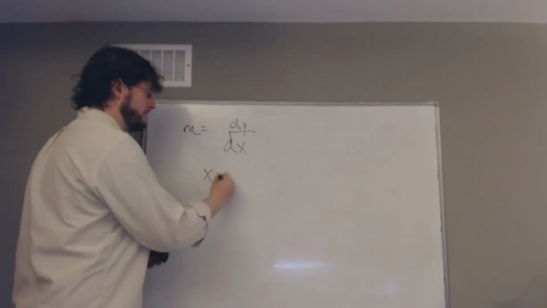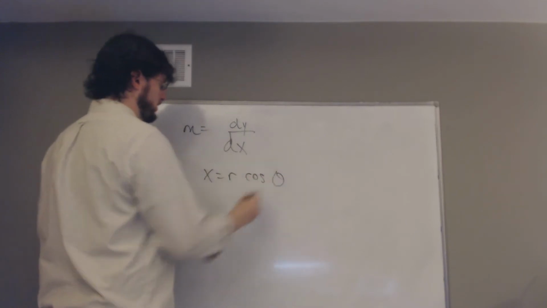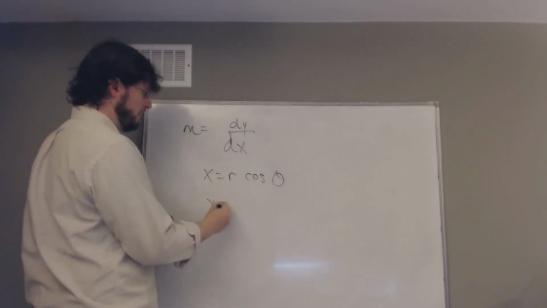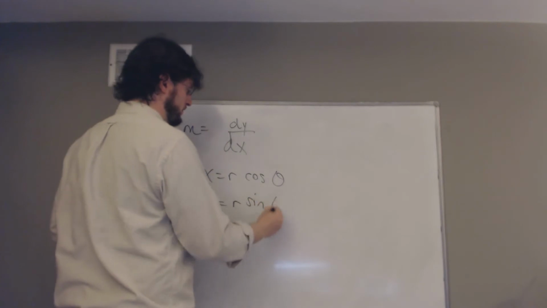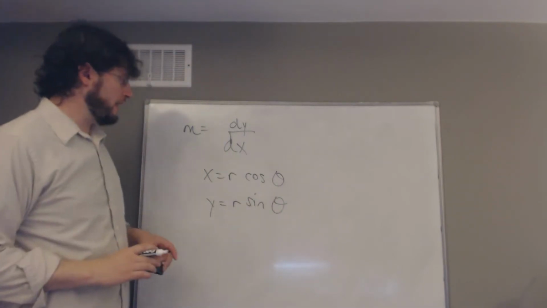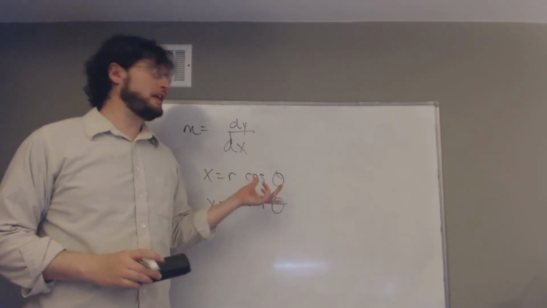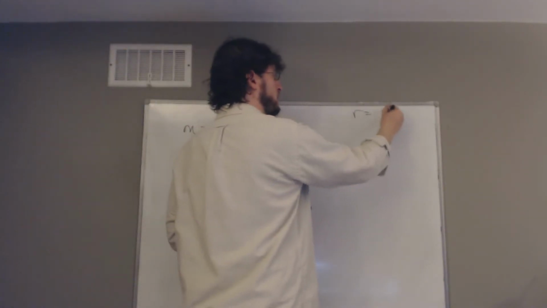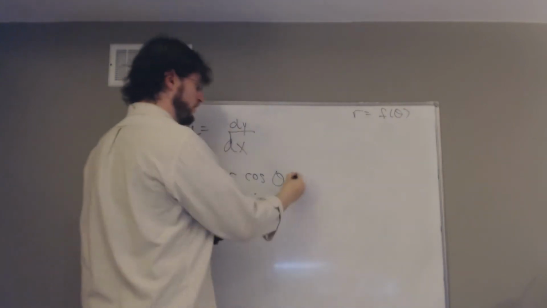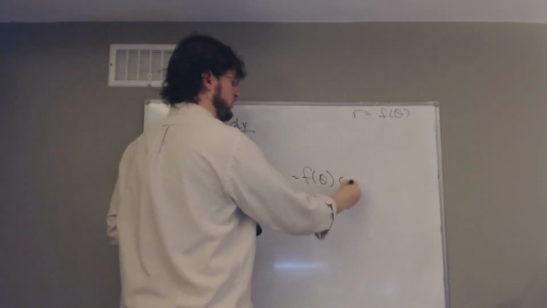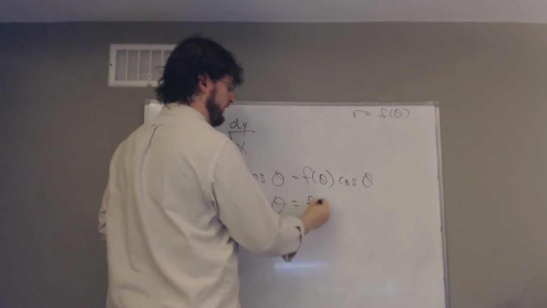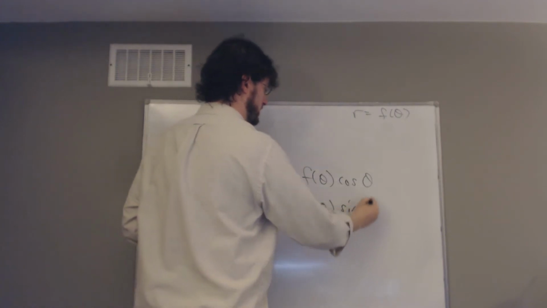But remember that x is r cosine theta, and y is r sine theta. Now we have to be careful because r and theta are related, because we're starting with this function r is f of theta. So x is f of theta cosine theta, and y is f of theta sine theta.